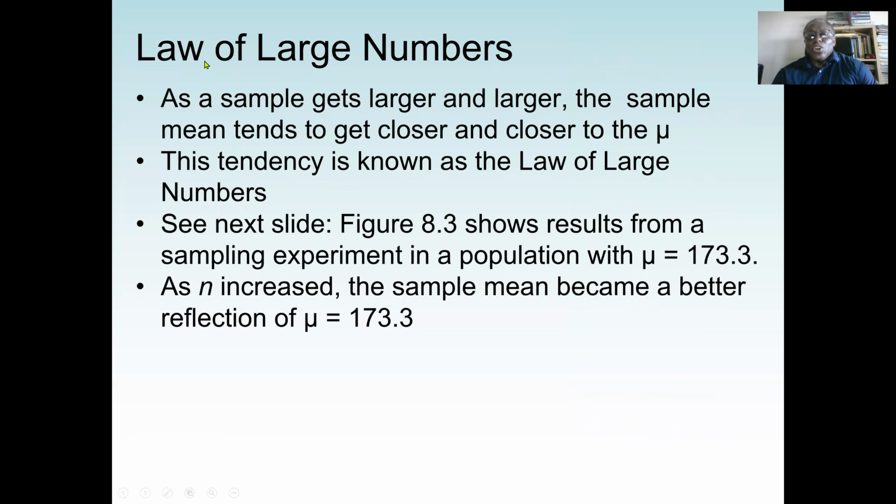So that will lead us to the law of large numbers. We said that as a sample gets larger and larger, the sample mean tends to be closer and closer to the population mean. And this tendency is known as the law of large numbers.